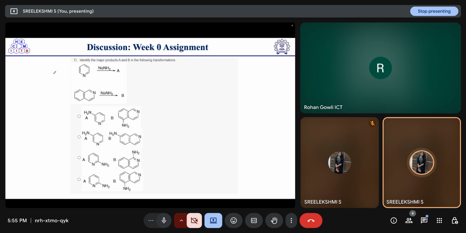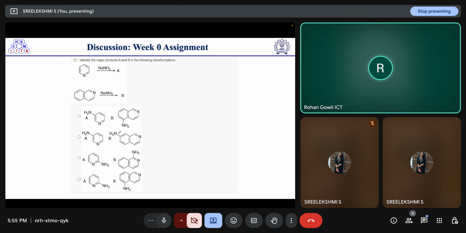Then the next question, identify the major products in the following transformation. So we are treating pyridine with NaNH2 and again that bicyclic compound with NaNH2. Which will be the major products? I think for pyridine, the major one will be at the second position, third option.